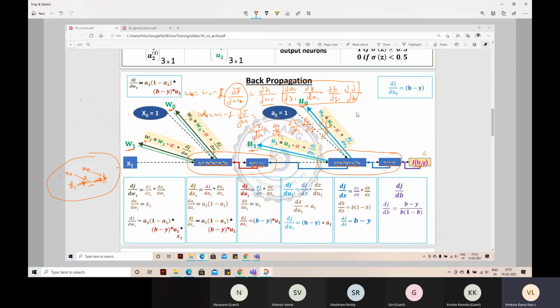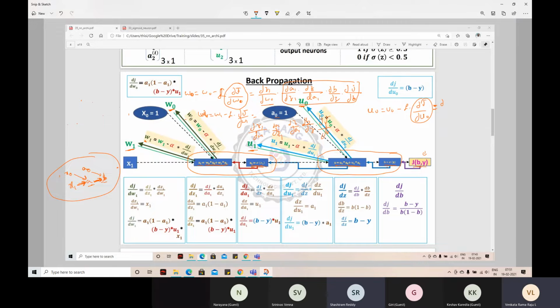Can you tell me the back propagation formula for U0? U0 is equal to U0 minus alpha into dJ by dU0. Can you tell me the formula for this part?